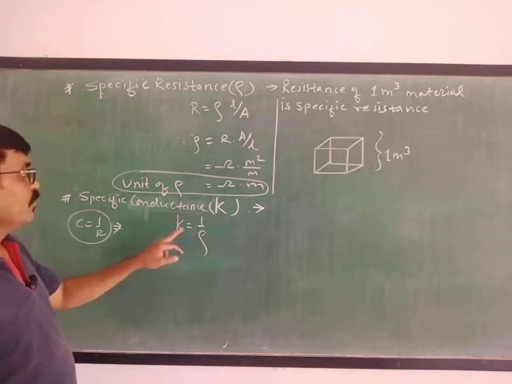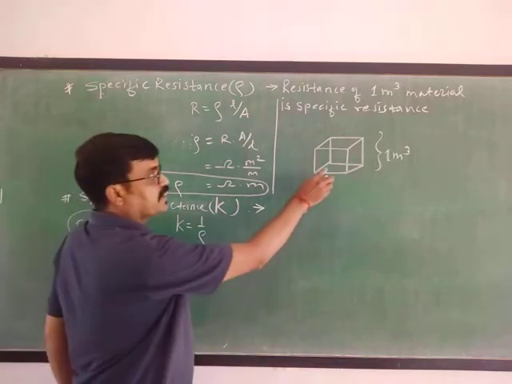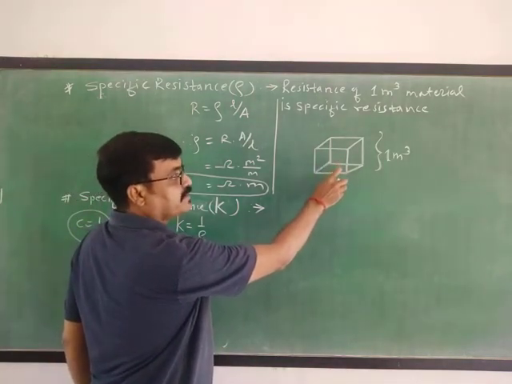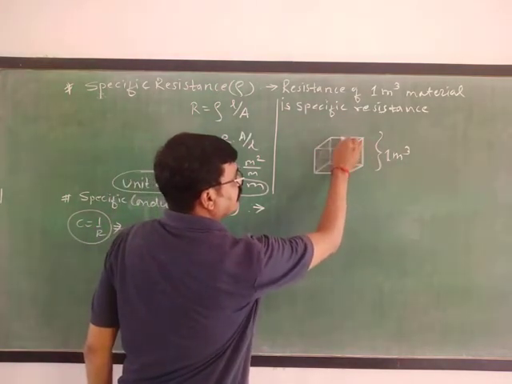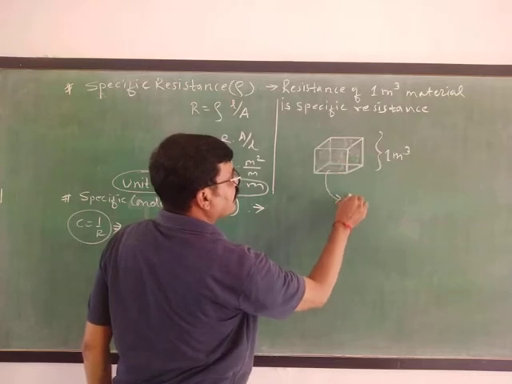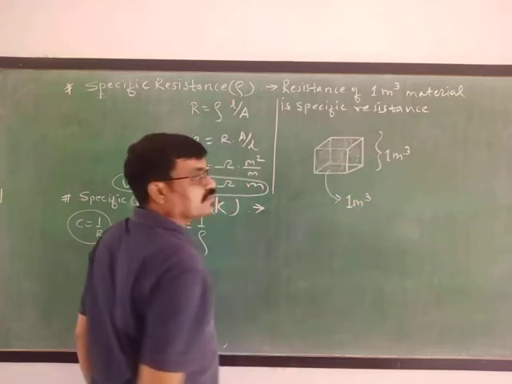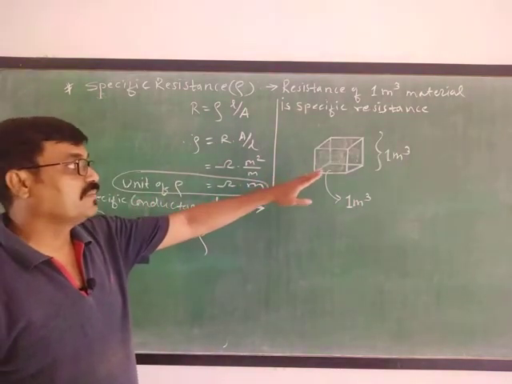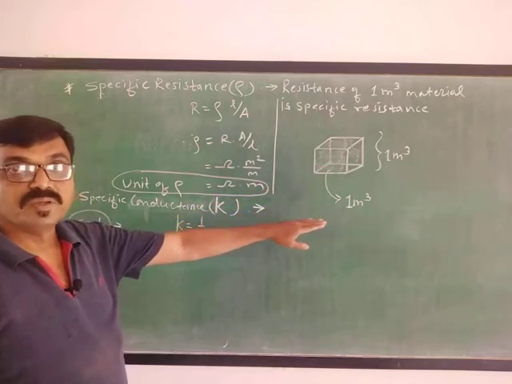Now again, what is the definition of this specific conductance? Again, if the conductor is of length 1 meter and its area 1 meter square, and in this conductor the solution is filled, then the volume of this electrolyte filled in this 1 cubic material is 1 meter cube.